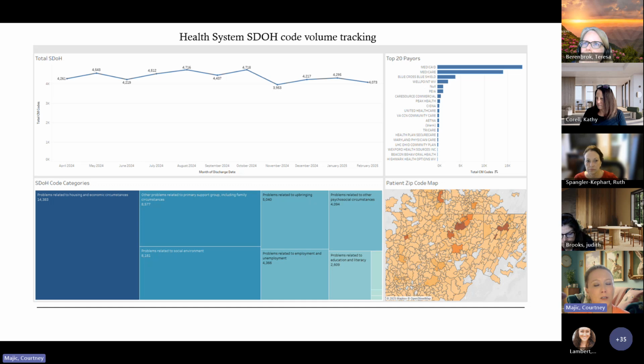The one that we found in particular was problems with literacy. Once we started looking at those, we realized that was not correct, because once you looked through the documentation and what was going on for the patients that were showing up, there were no literacy problems identified. It looked like it was coming from a template or something like that.